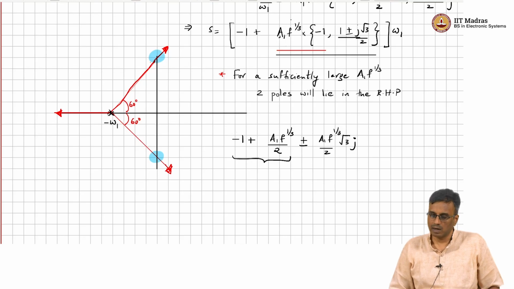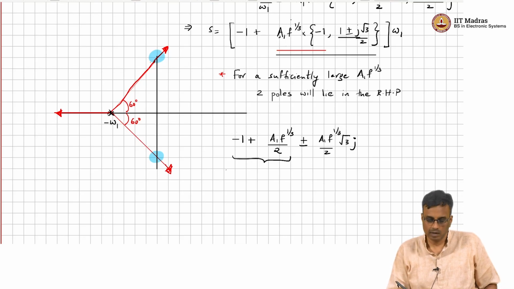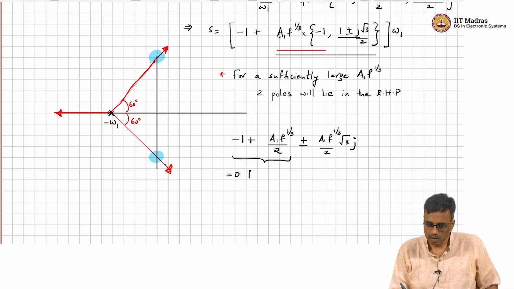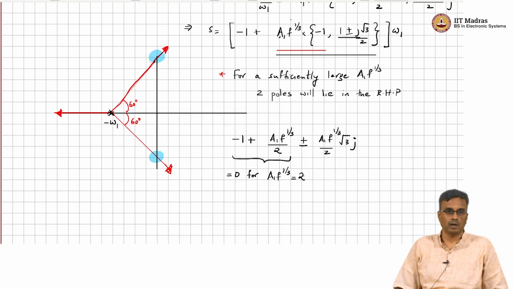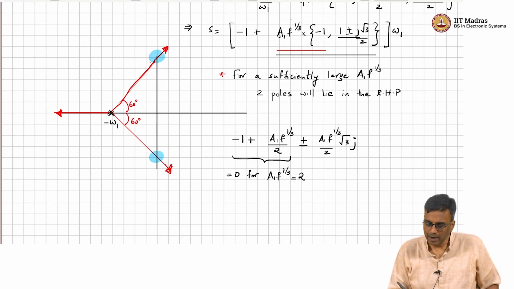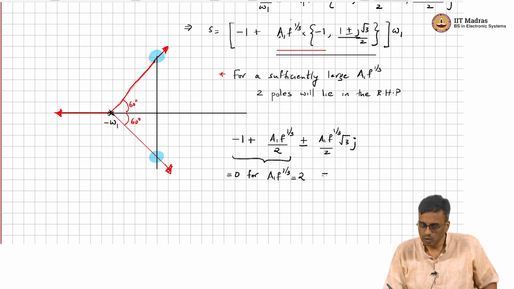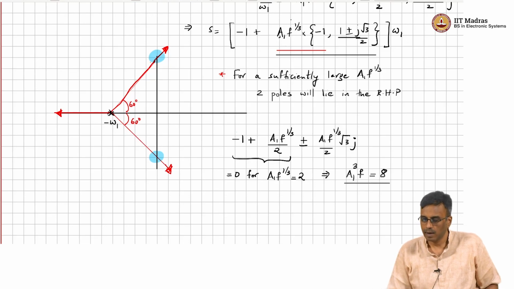What should the real part be? Yeah, so this is 0 for A1F to the 1/3 equal to 2, correct. So therefore if A1F to the 1/3 is 2, this means that the DC loop gain is what? A1 cube times F, which is equal to 8.